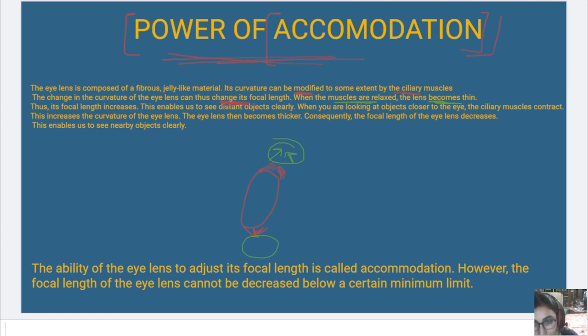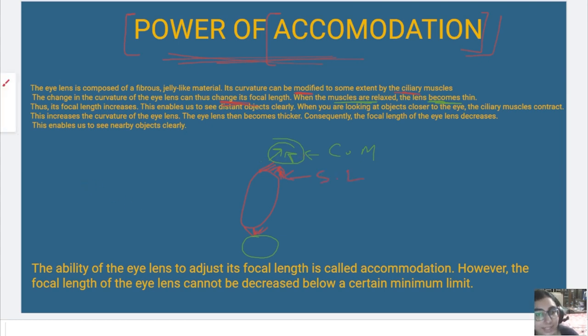This is the ciliary muscles, don't forget, but the red portion is the suspensory ligaments. Suspensory means something that is suspending something from the other. So here the suspensory ligaments are suspending the lens from the ciliary muscle. So this is the suspensory ligaments.